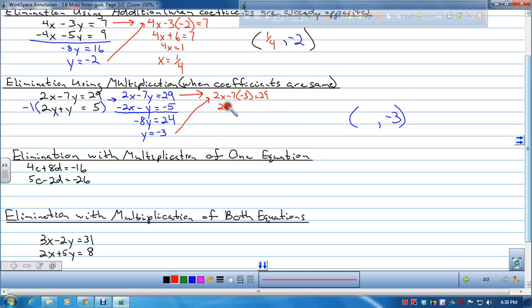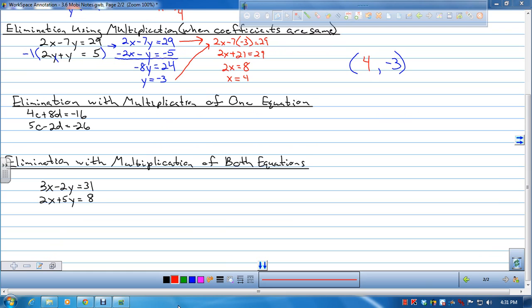So 2x minus 7 times negative 3 is positive 21. Subtract 21 from both sides. 2x equals 29 minus 21, which would be 8. So x equals 4. You can go back and check that. Alright.